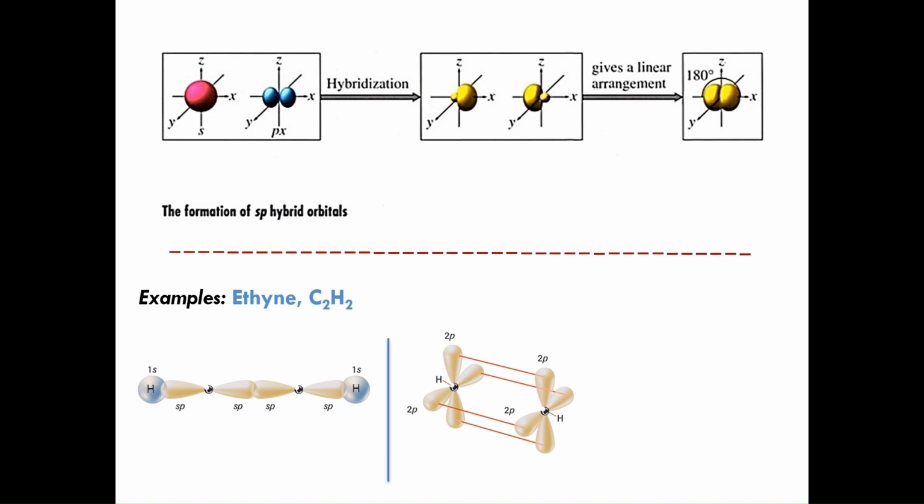Next, you can see the formation of the pi bonds with the 2 p orbitals in each carbon atom. Each carbon atom is left with 2 intact p orbitals, one vertical and one horizontal. The vertical p orbital will do a side-to-side overlap with the vertical p orbital in an adjacent carbon to create the first pi bond.